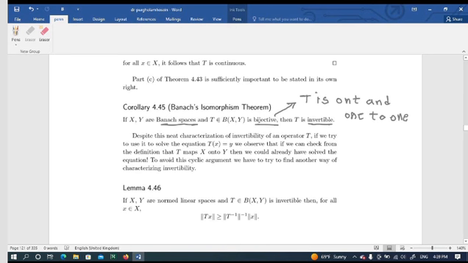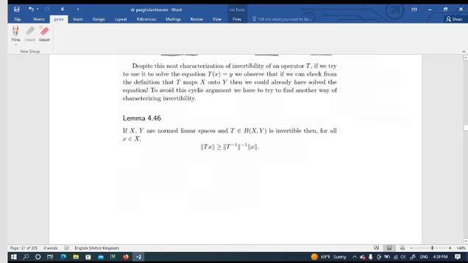This theorem says that if X and Y are Banach spaces and T is a linear transformation that is surjective and one to one, then T is invertible. If X and Y are normed spaces and T belongs to B(X, Y) is invertible, then we have the norm of T x is greater than or equal to the inverse of the norm of T inverse times the norm of x.